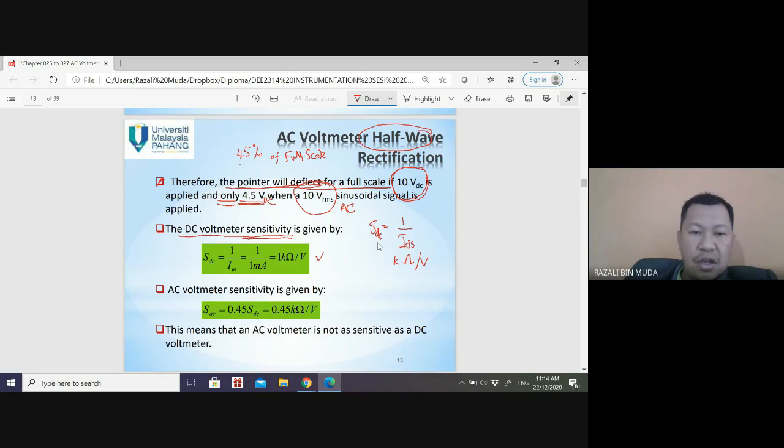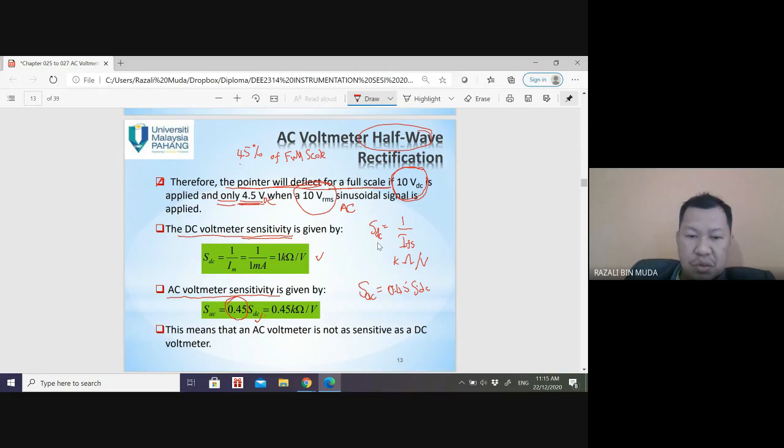For AC sensitivity for half wave, because it's only 45%, SAC equals 0.45 SDC. That means it is only 45% of DC.